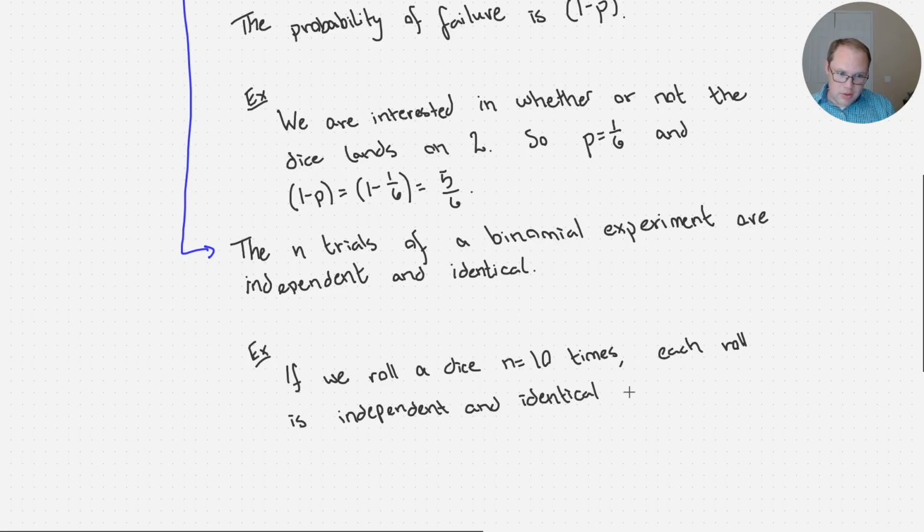There's not a special roll. Every time we roll the dice, there's a 1 out of 6 chance that we'll get a 2, and a 5 out of 6 chance that we'll roll something that's not a 2, which is why this would be a binomial experiment.